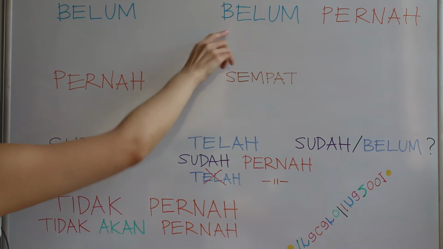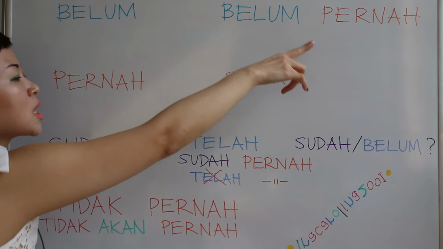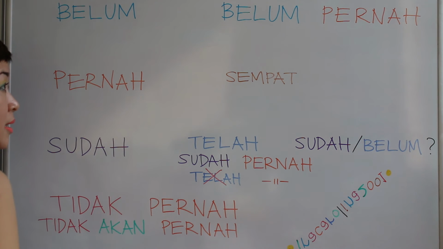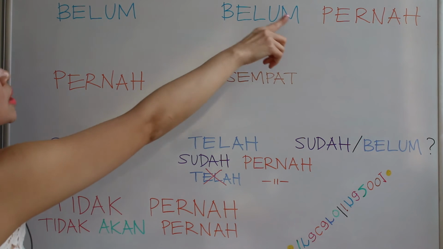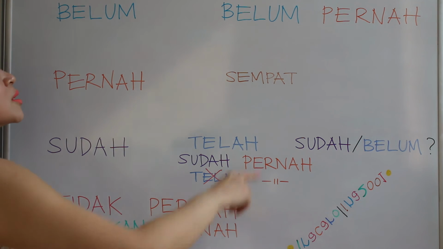Sometimes belum we also say with belum pernah. It means never, or not yet ever, once. Belum pernah. Belum is not yet.